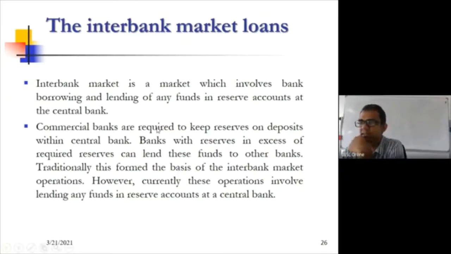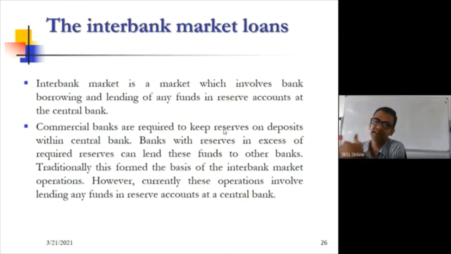Commercial banks maintain reserve deposits within the central bank. What is that reserve we call? SRR. For that, commercial banks maintain an account with the central bank.